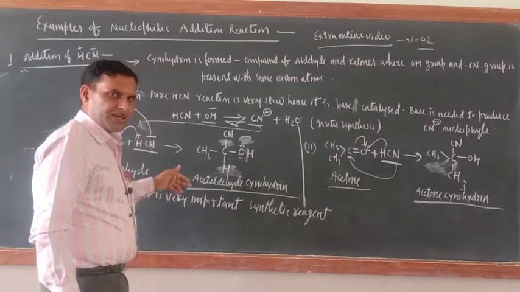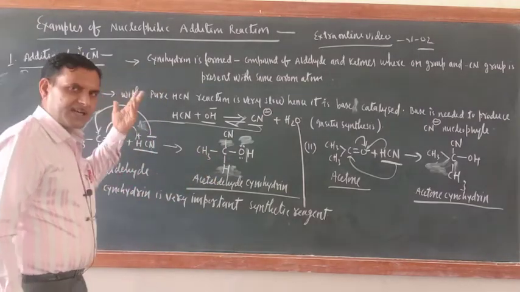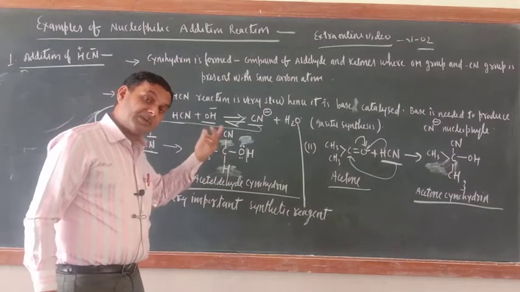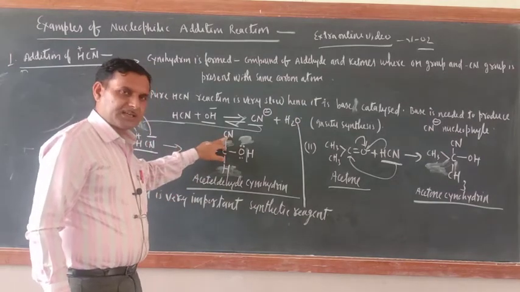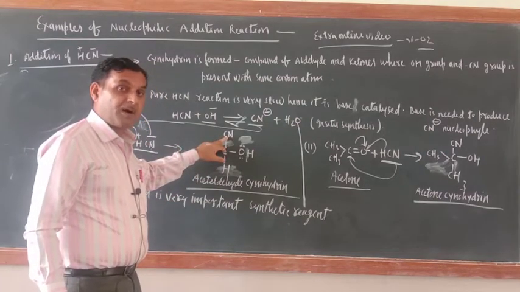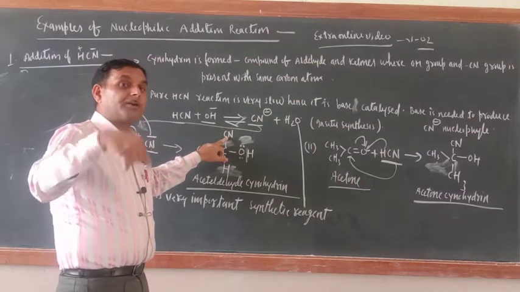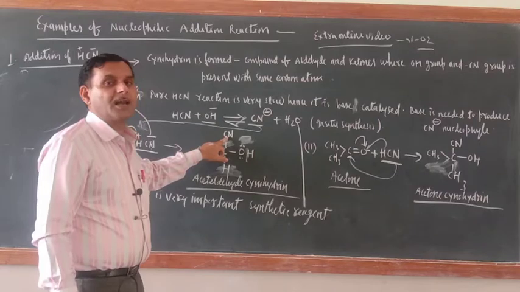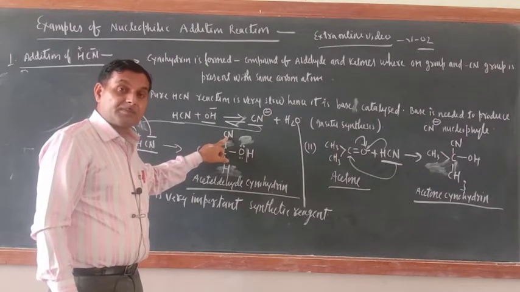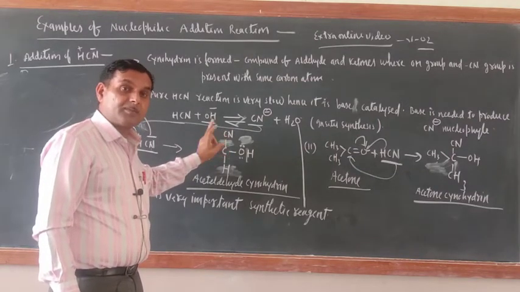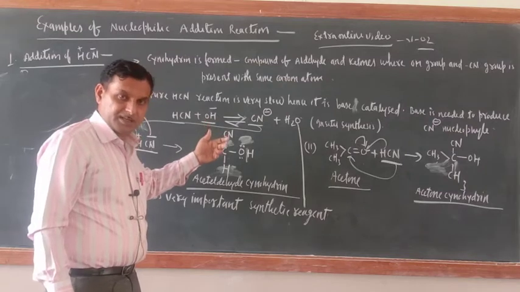And what is the importance of this reaction? Just see, once I discussed, these cyanides are very important compounds. If they are subjected to partial hydrolysis, then the CN group will be converted into amide, CONH2. If they are subjected to complete hydrolysis, CN will be converted into COOH.